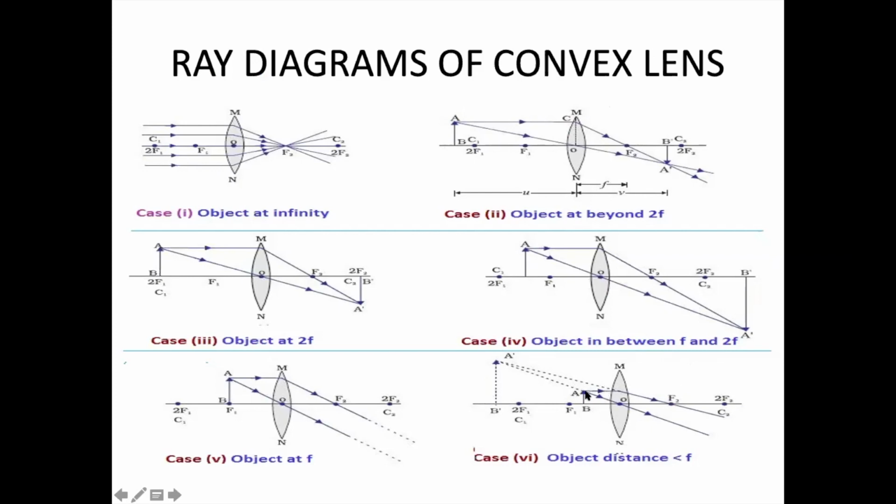Rule number one, when a ray is parallel to the principal axis, it will pass through the focus. And when the ray is passing through the optical center, it goes straight. So these two are never going to meet. They're going apart. So I'll extend them on the back side and they appear to meet, and the image obtained is larger. The image appears to meet, that is why it is virtual. They are not actually meeting. It is always erect and it is larger in size.